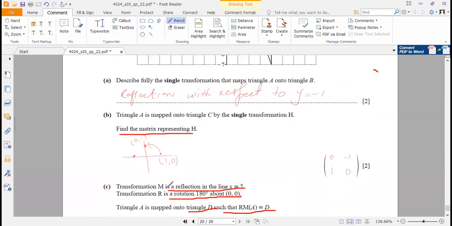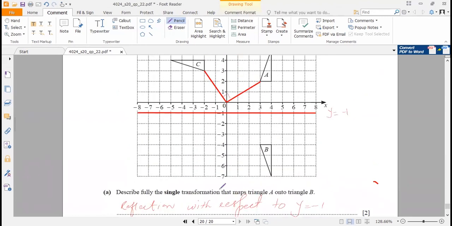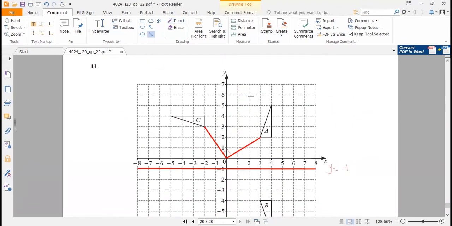Firstly, we do transformation M, the reflection in the line x equals 2, so we draw the line x equals 2. It is here. Now we draw triangle A after transformation M.